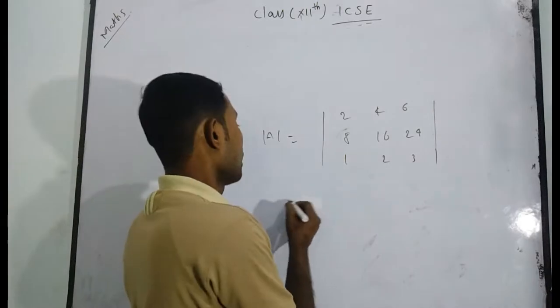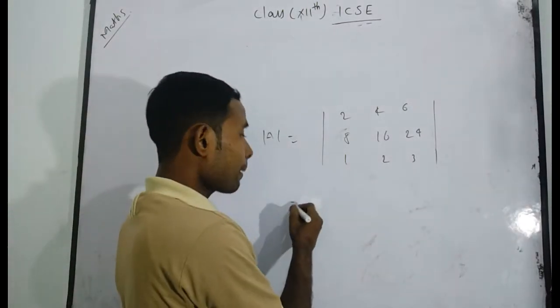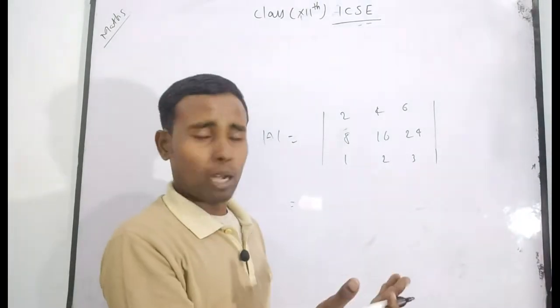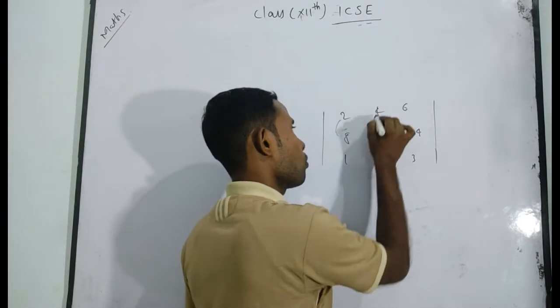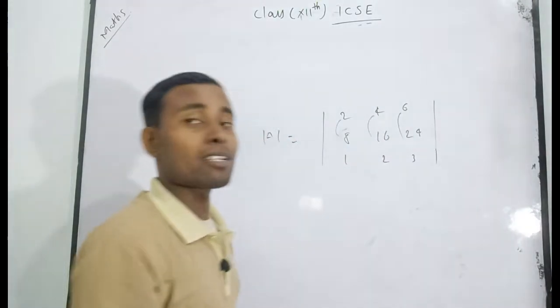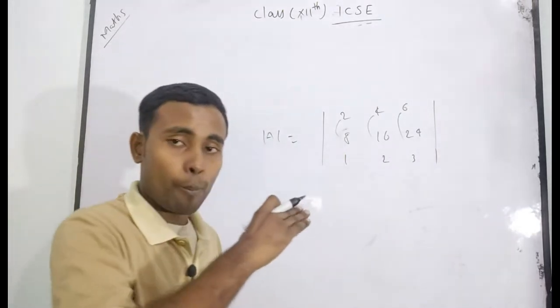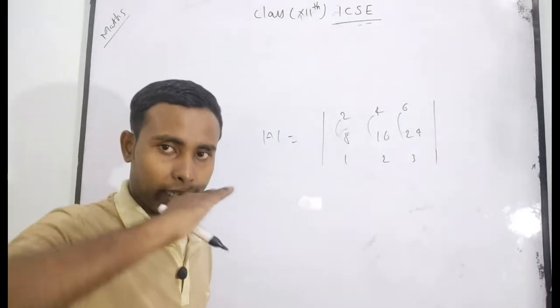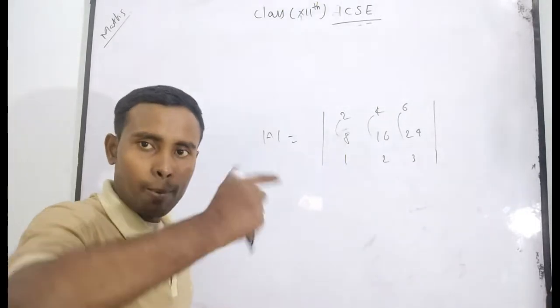Definitely you can go through your simple method, that means by breaking row or column. But I will suggest, if you see here, take the ratio of the first row and second row corresponding entries, above and below.